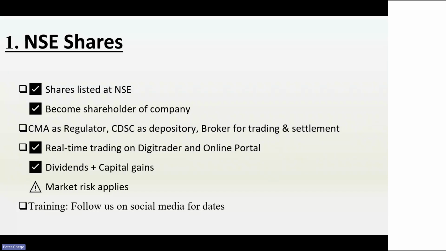The difference is around 7,000, but you have to factor in levies, both on buy and sell side. So your capital gains will be around 6,000 after the charges. So the secret here is you buy low and sell high. That's how you make money with shares.